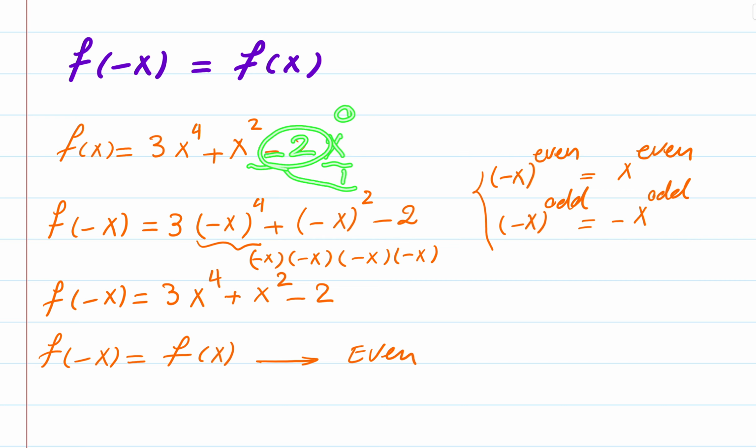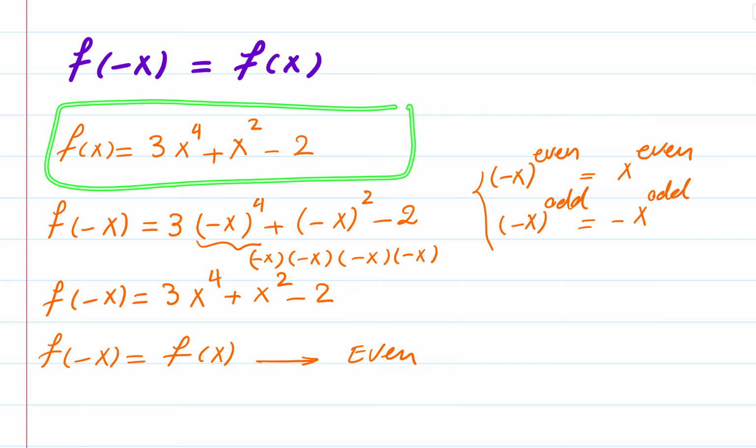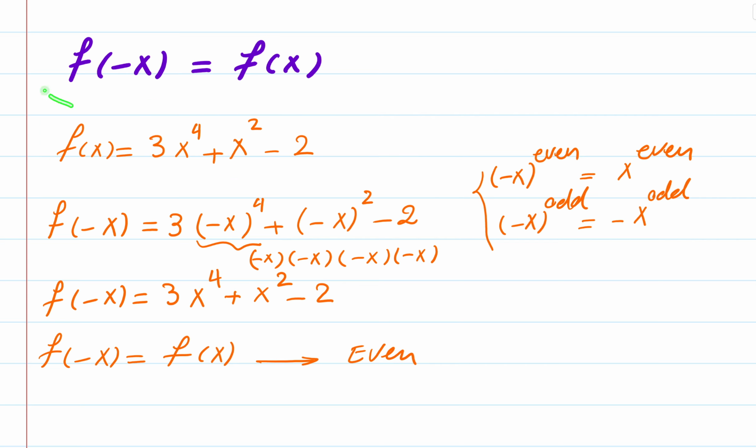We see just negative 2 here and not x to the power 0, but we know here is x to the power 0. We have 0, 2, and 4, and all of them are even. We consider 0 as even. Because all of them are even, we consider function f as an even function without checking if f of negative x equals f of x or not.